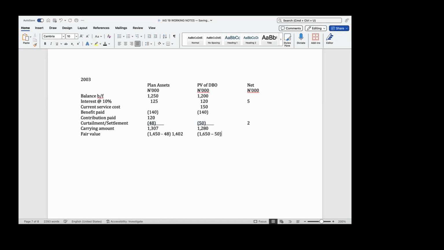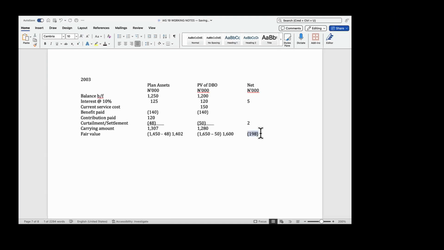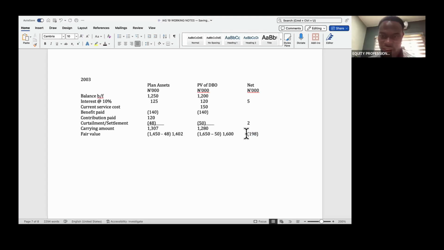That leaves me at 1,600. So what's the difference between this fair value? That should be 198. And the obligation is higher. Who can tell me, what do we call this 198? Deficit. Thank you very much. Deficit or net defined benefit obligation. Correct? Absolutely correct.